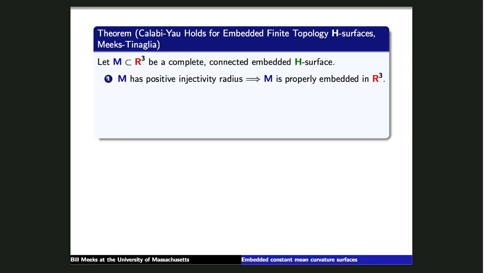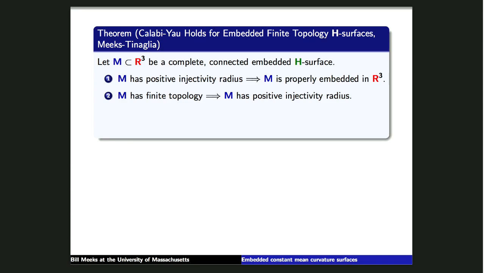But how do I know a plane with constant mean curvature has positive injectivity radius? There are all these questions that come up. If you have finite topology, a really crucial thing is you end up proving it has positive injectivity radius. Therefore, it's properly embedded. Therefore, I understand there are no planes embedded in R3 with constant mean curvature.